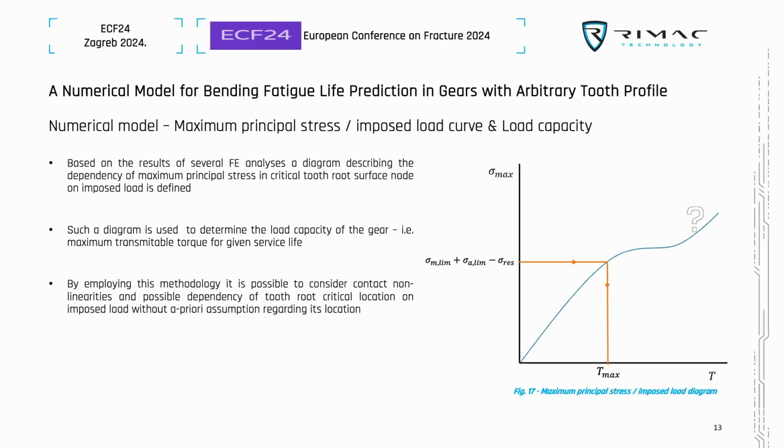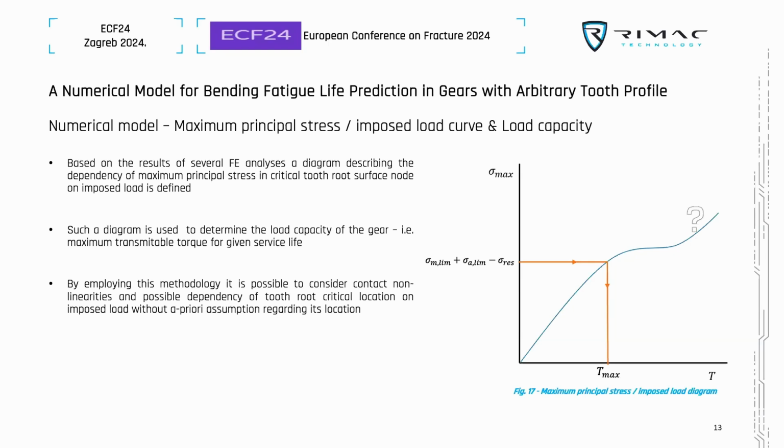And then we get the curve which describes the dependency of maximum principal stress on the imposed load. When we have this curve, it is possible to say for the particular node what is the maximum load that the gear can be subjected to achieve a required number of cycles to failure.